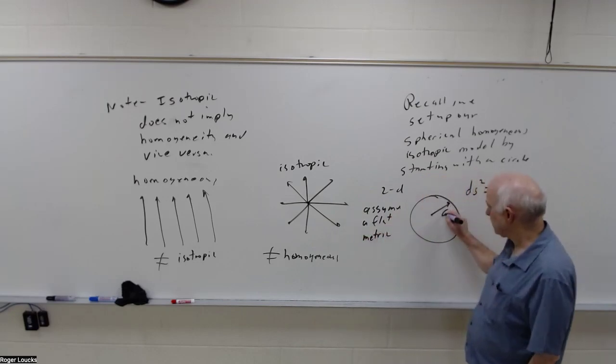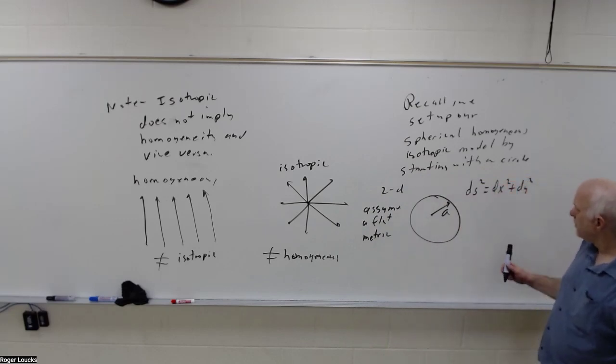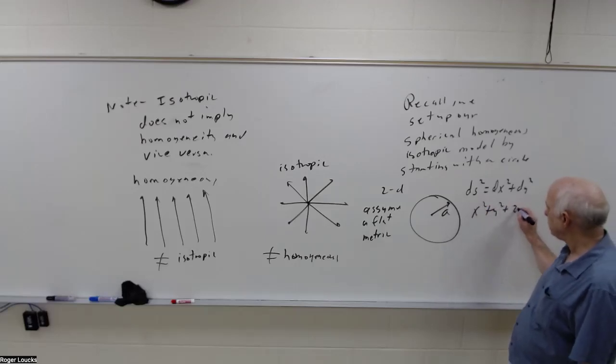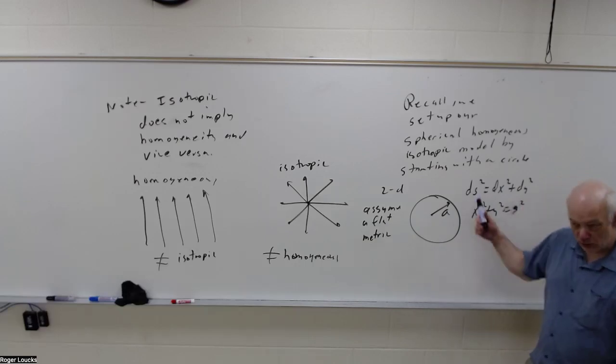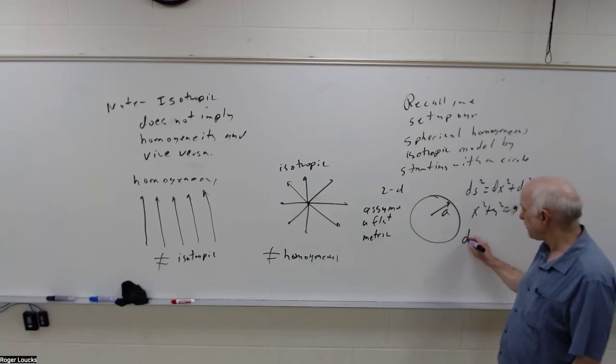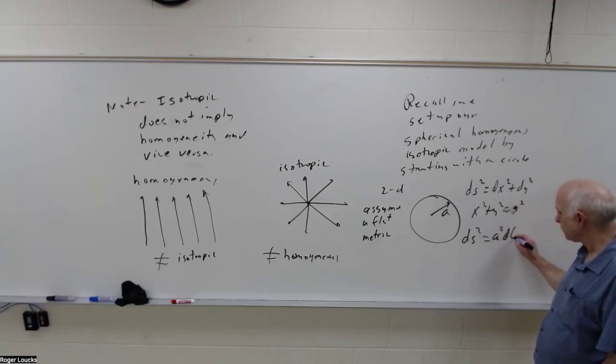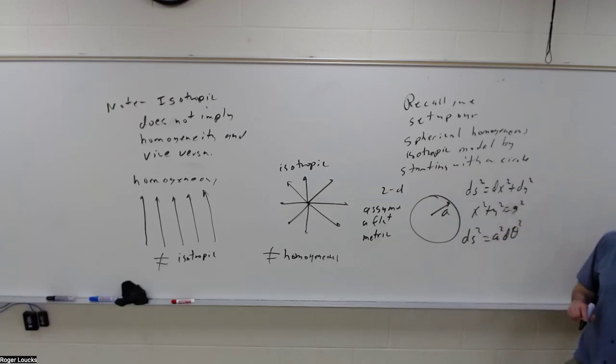We call this here A. And then for a circle, we know that x squared plus y squared equals a squared. We beat on this, and we ended up with ds squared equaling a squared times d theta squared, once we convert that.